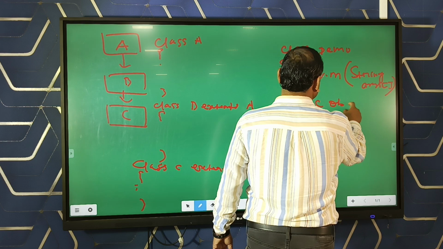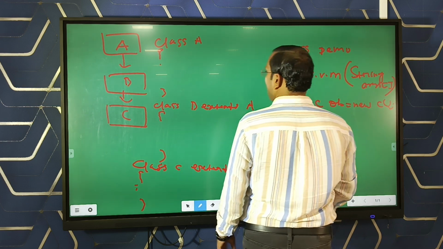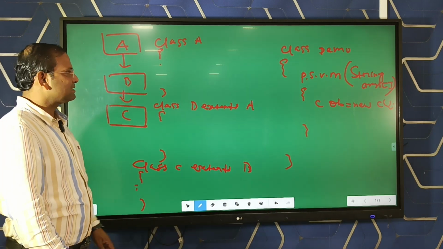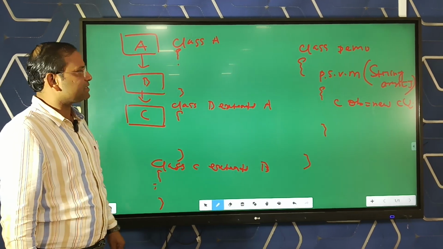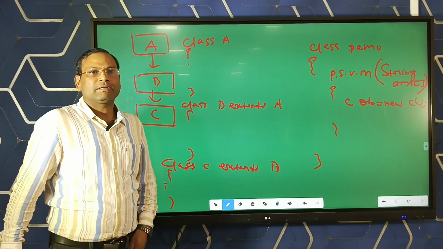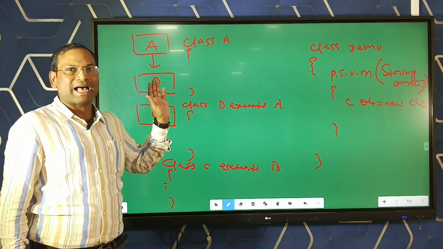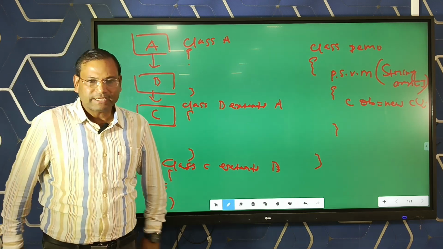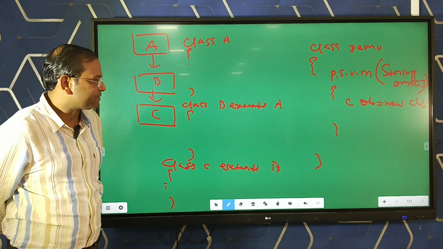Using an object of C, we can call all the methods present in class A, B and C. Using an object of C, we can call methods of class A, class B and class C. Such type of inheritance is known as multi-level inheritance.